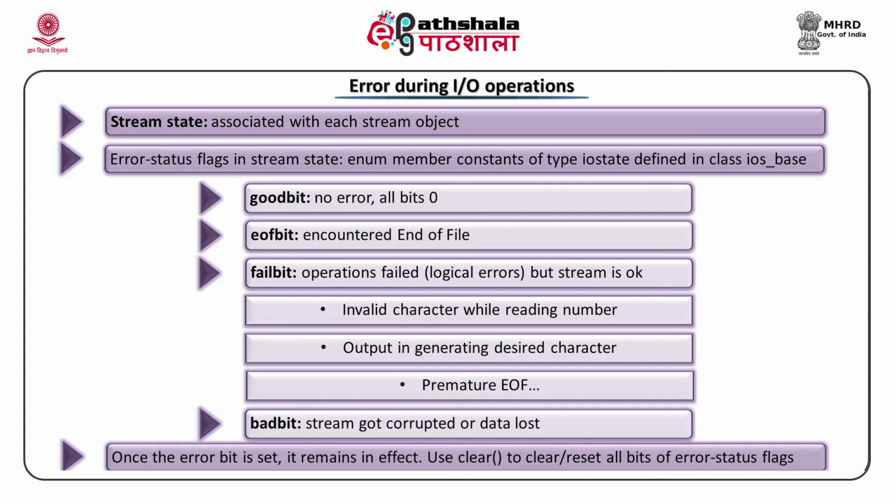Now, once this error bit is set, again it remains in effect, that means it has a permanent effect. So, if suppose end of file bit is set and I am trying to read another data, then also it will get end of file bit as set. So, it is the programmer's responsibility to check the error bits and clear them before performing the next input output operation.